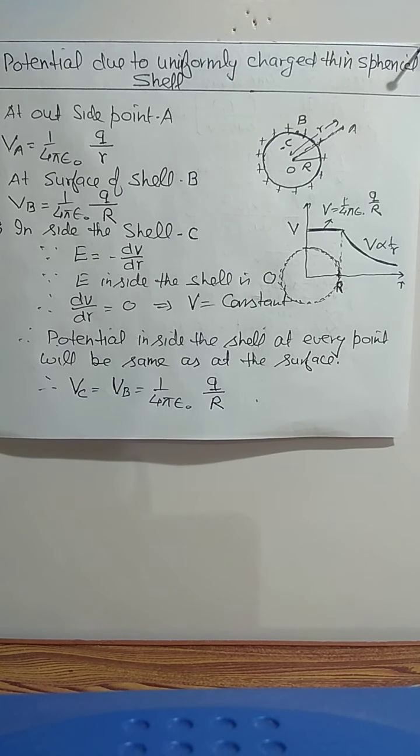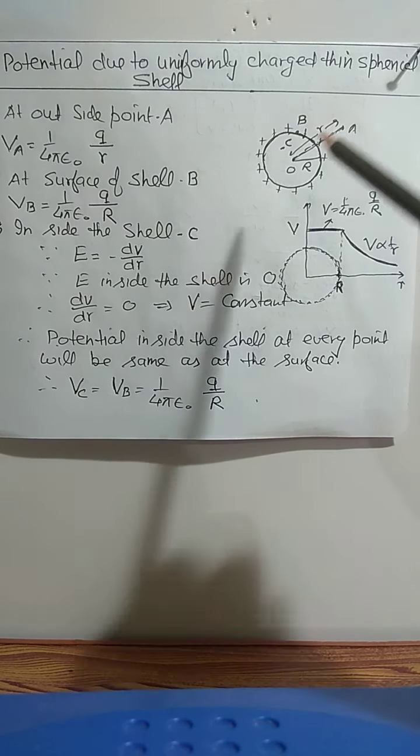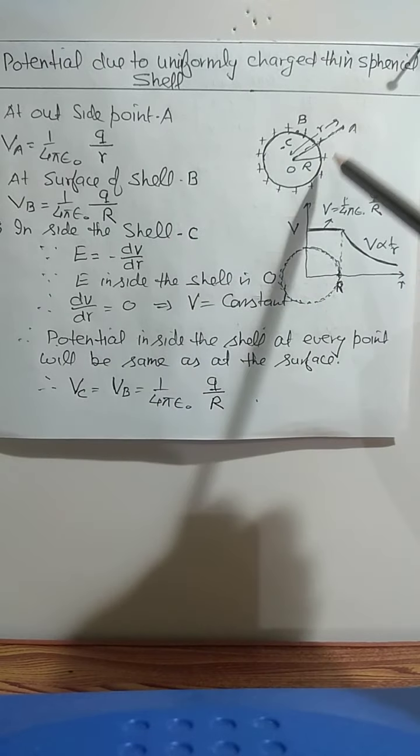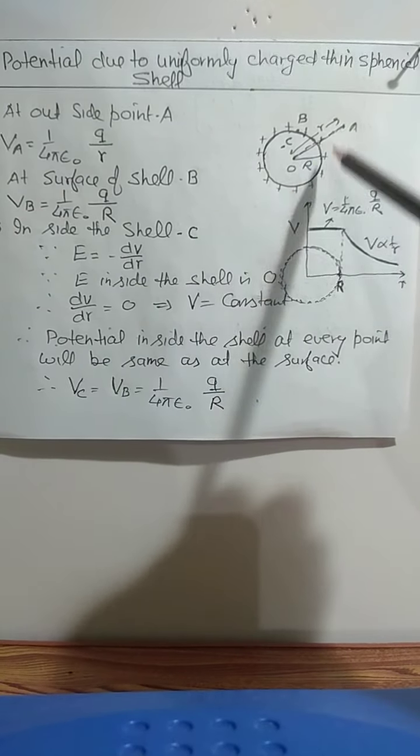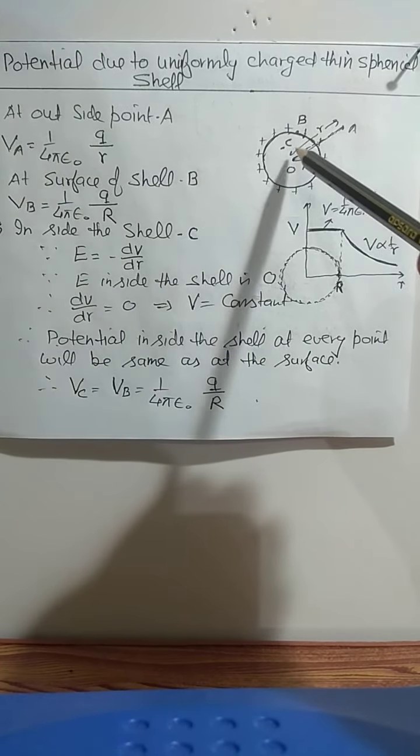So we know that the charge is present at point O. It is supposed that this charge is uniformly distributed at the surface, but it is supposed that it is situated at point O.